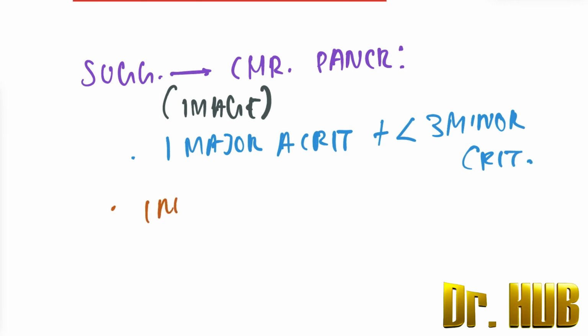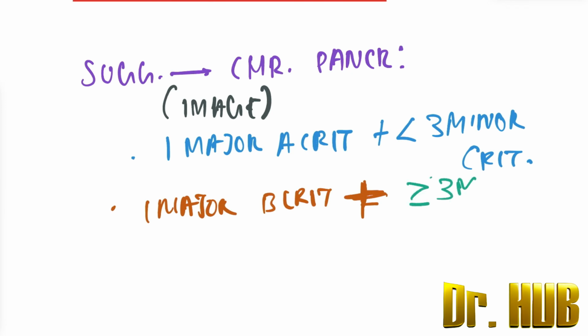Next is one major B criterion plus greater than or equal to 3 minor criteria. Lastly, it is greater than or equal to 5 minor criteria.